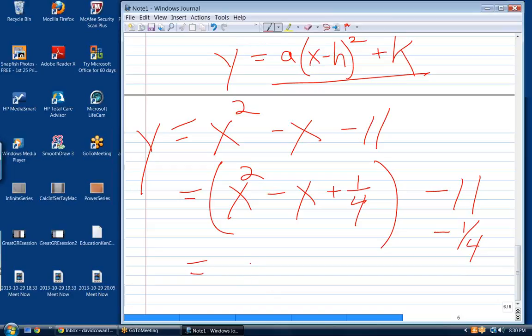I can put it in vertex format by saying x minus what, quantity squared? What was this after we took half of it? 1/2.